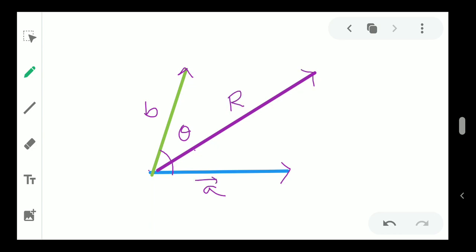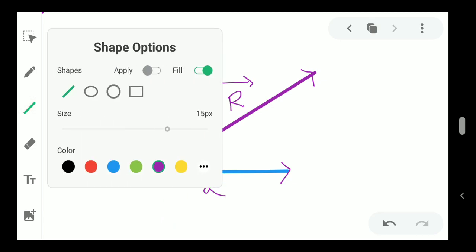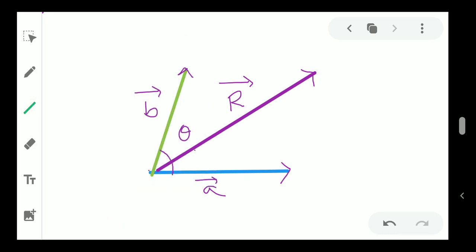These are all vectors, so I must give the vector sign. I told you already that I can shift my vectors for my calculation, keeping the magnitude and direction the same. So I am shifting this B vector from that corner to this corner, like this.